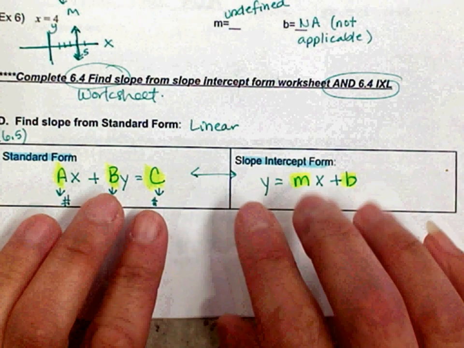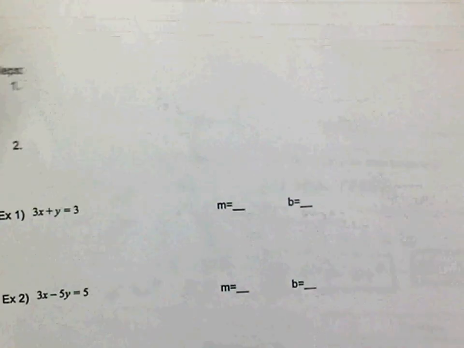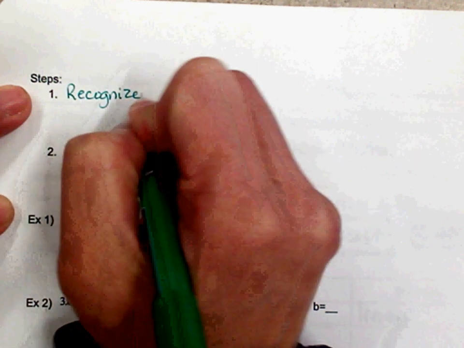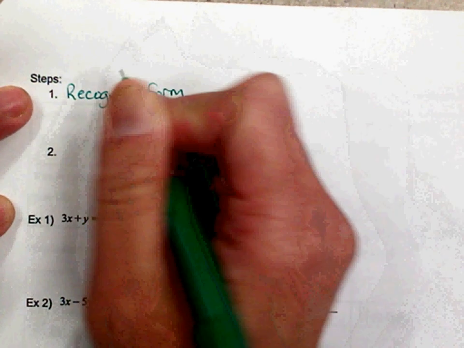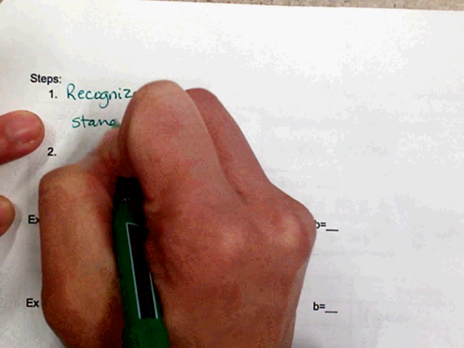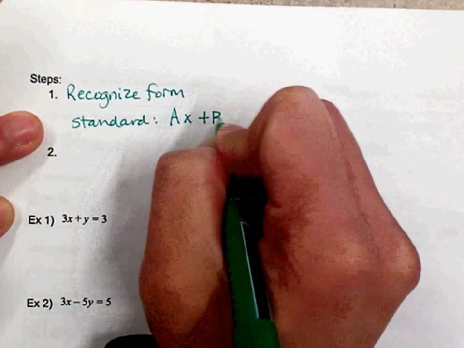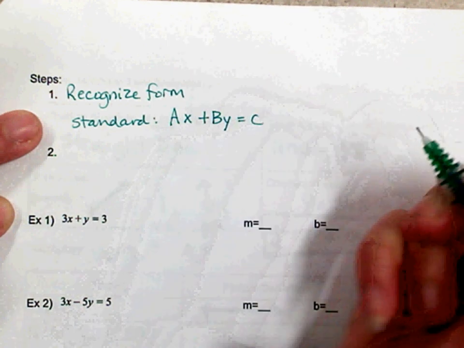I want you to tell me which form it is in. Okay? So in step number 1, before we start, you need to recognize the form. The standard form looks like this: ax plus by equals c.